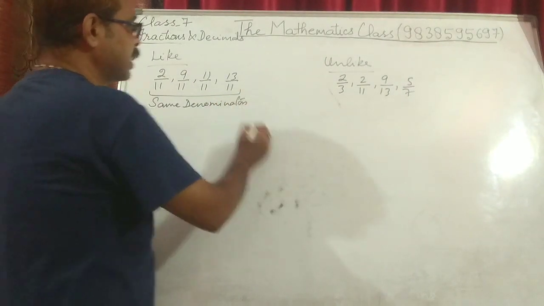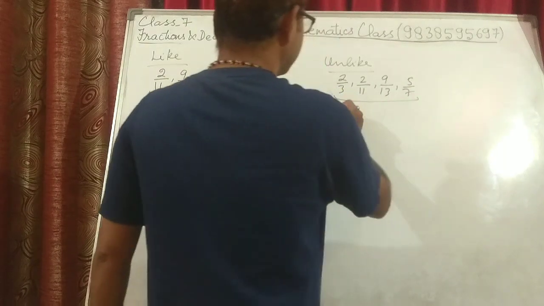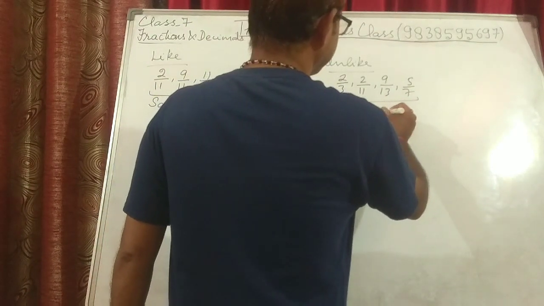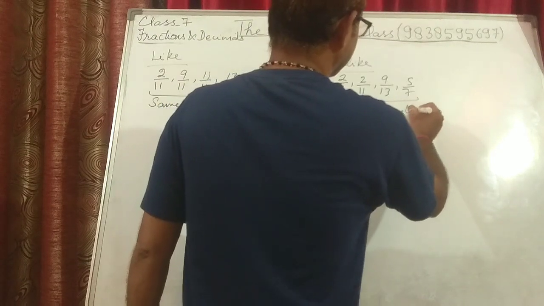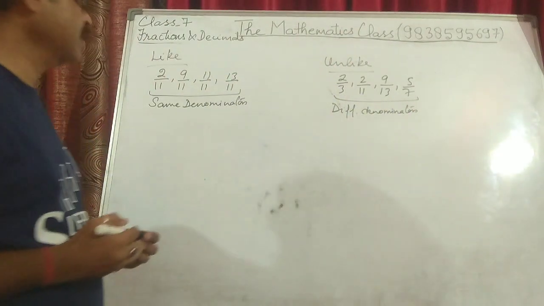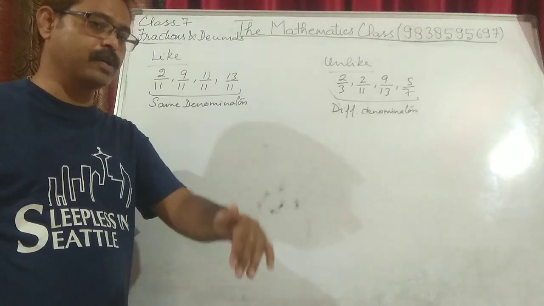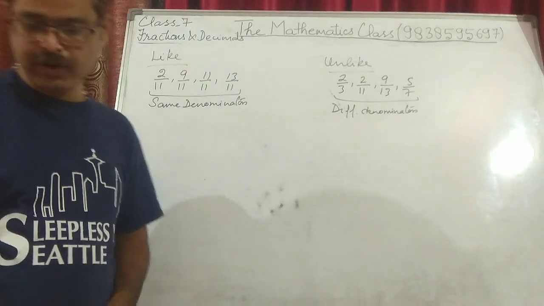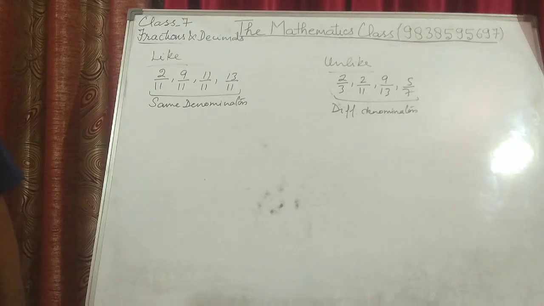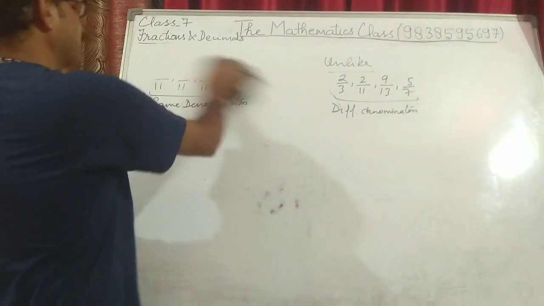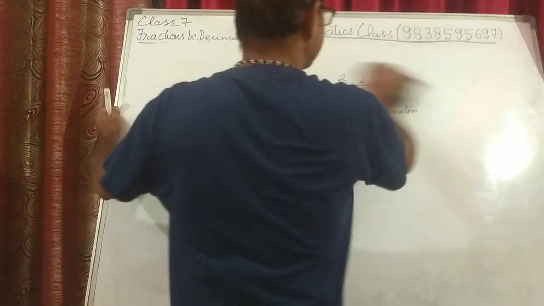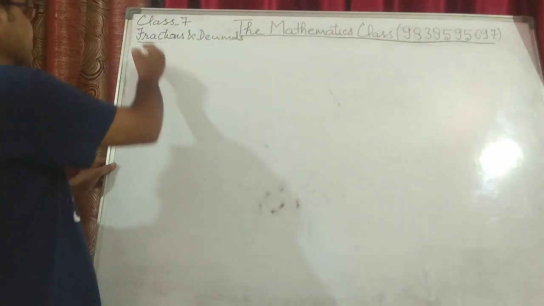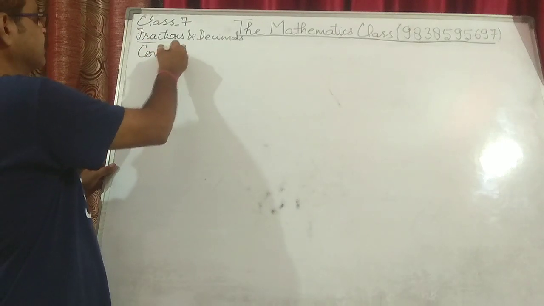Unlike fractions are fractions with different denominators. Like fractions are fractions with same denominators. Now, next is how to compare two given fractions. Comparison of fractions.